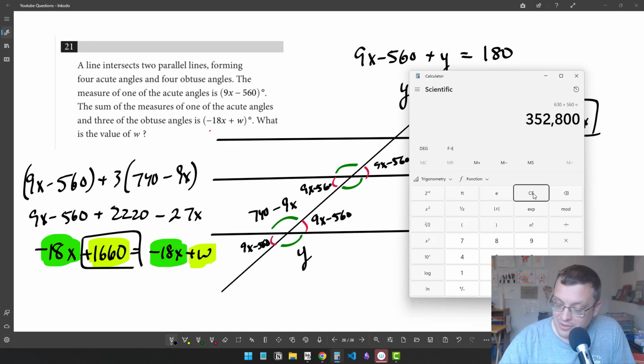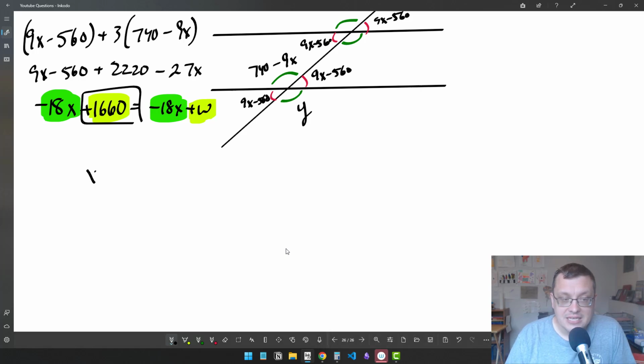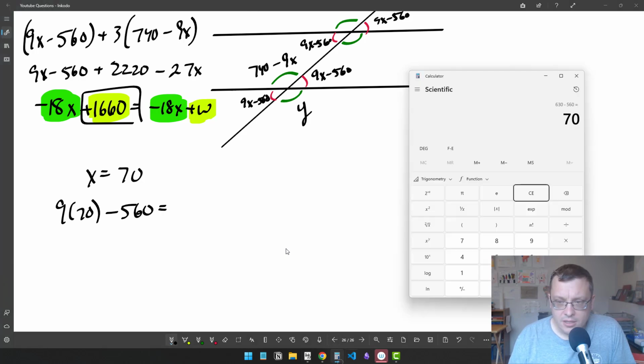Okay, wait, no. 9 times 70 minus 560. Okay, that looks good. So we're going to say x is 70. And so our angle, 9 times 70 minus 560, we found to be 70.